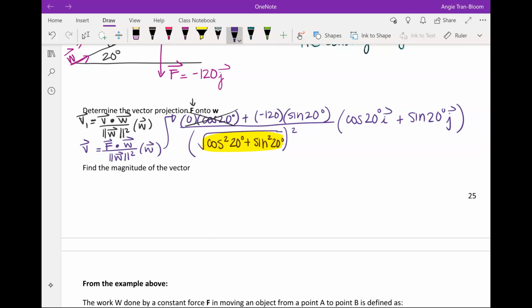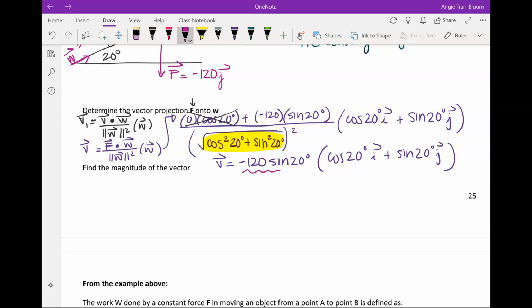No. So vector V is pretty nice. It's negative 120 times sine of 20, and then close this up with cosine of 20 in the I direction plus sine of 20 in the J direction. Now I would like you to use your calculator and enter it in and give me this right here.